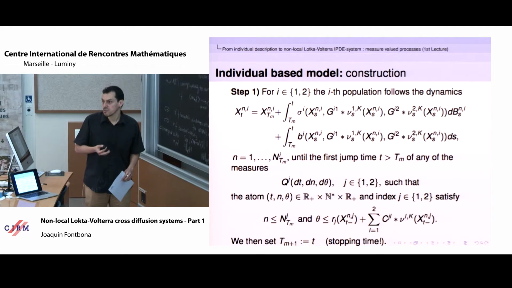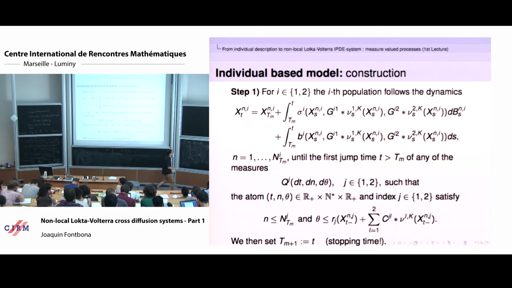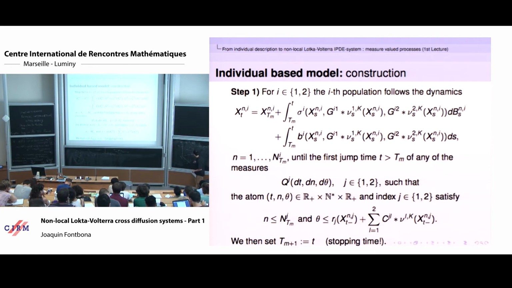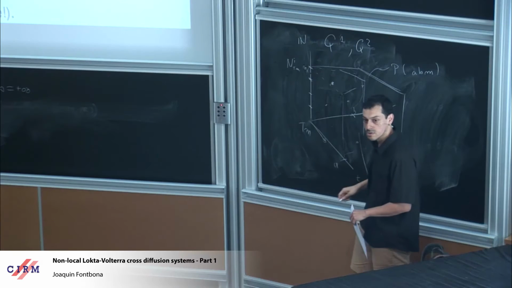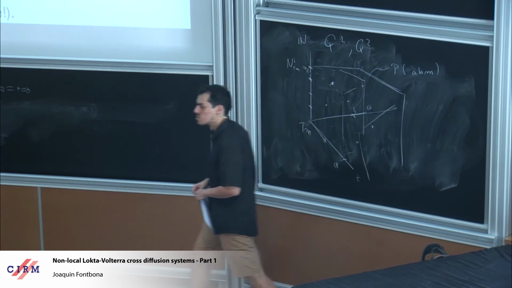And if these measures have finite total mass, what I will see is that at each time, I will be looking at some finite set here, for theta.